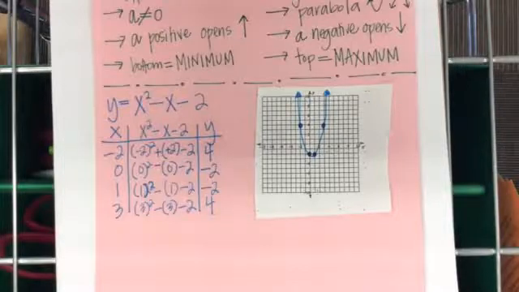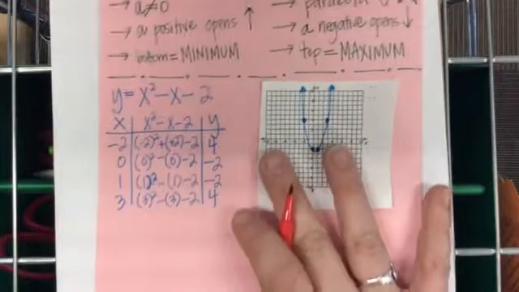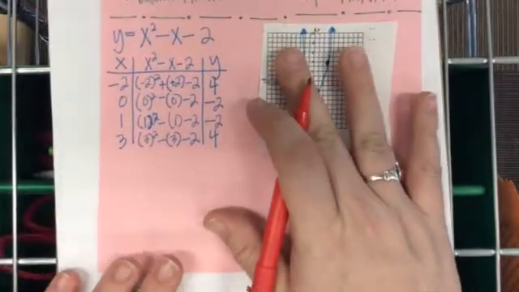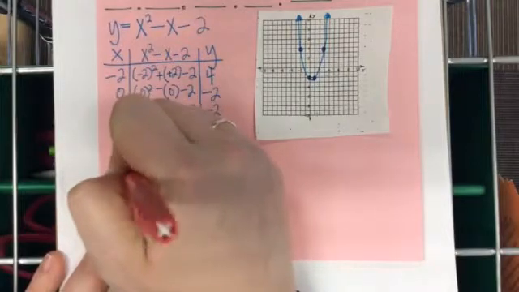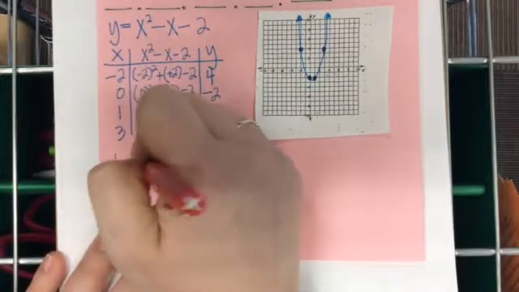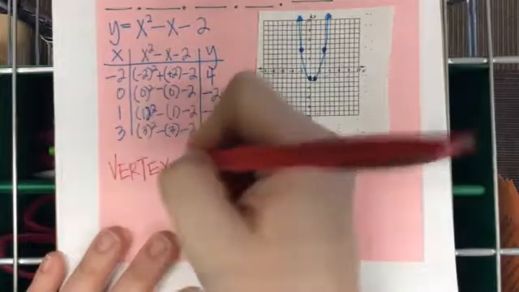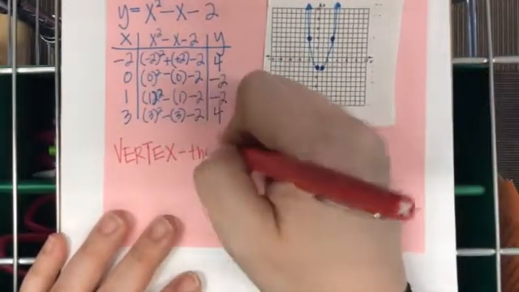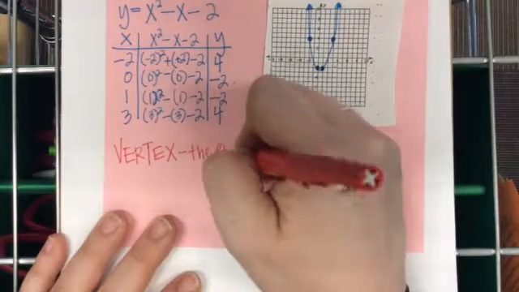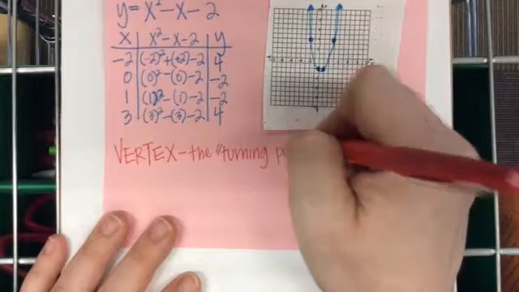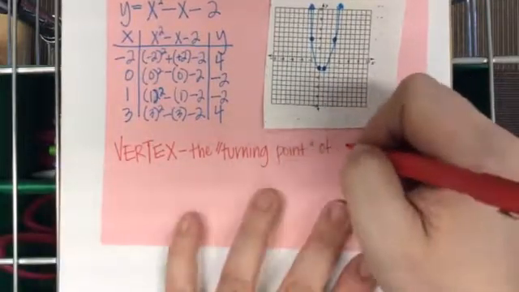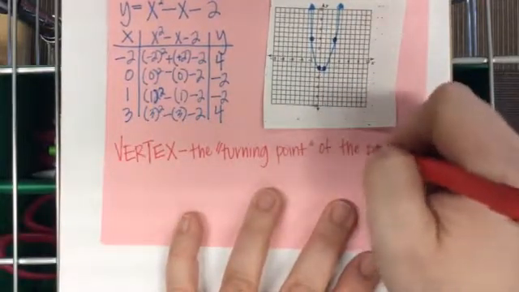Because the minimum or the maximum of a parabola is also called the vertex. It's the turning point of the parabola.